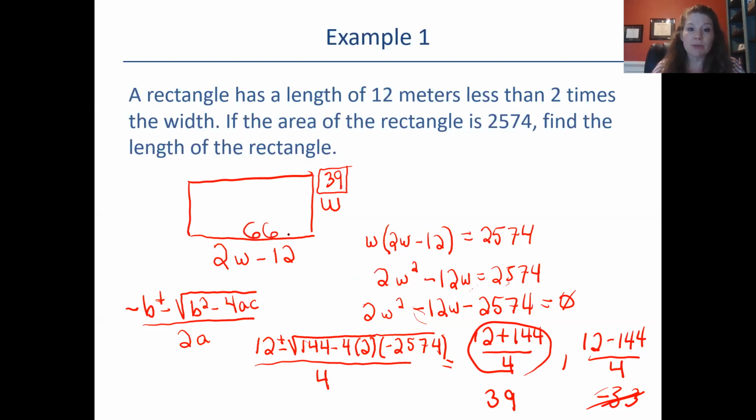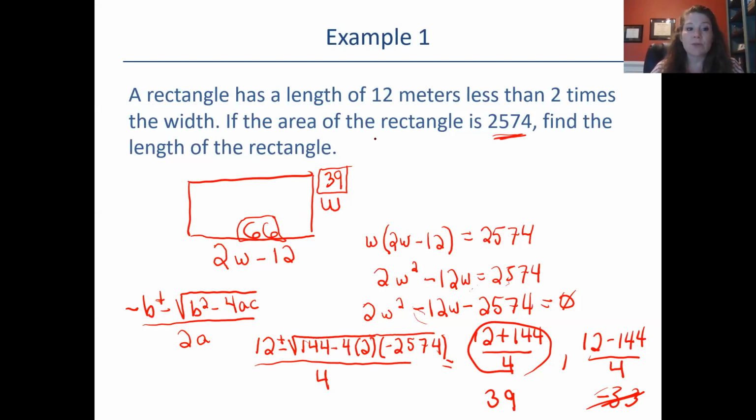So how am I going to double check to make sure these answers are correct? Well, it meets the first criteria: 66 is 12 less than twice 39. The second criteria is that if I multiply 66 and 39, I have to get this area. I checked it on the calculator, so I'm right.